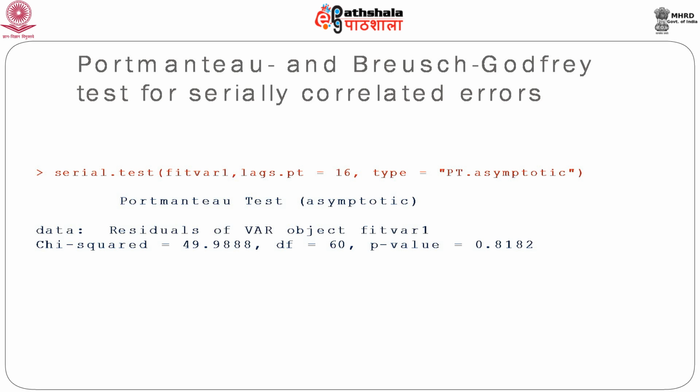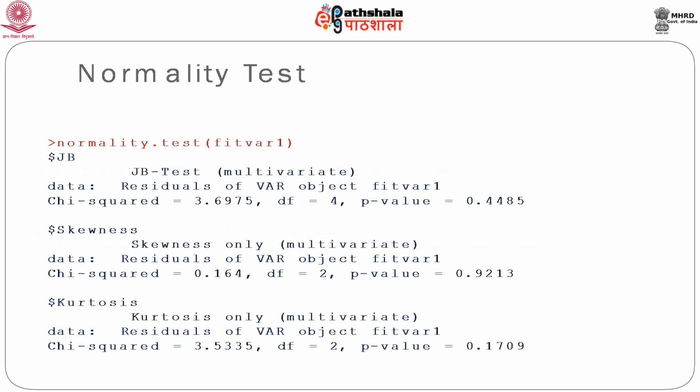Here it shows that serial correlation is not significant at all, because this is for the residuals. We also observed in the residual plot, ACF and PACF, that there is no evidence of autocorrelation, so it is quite normal that it should be insignificant. You can also perform the normality test, using normality.test.